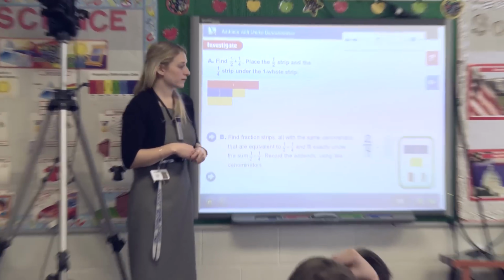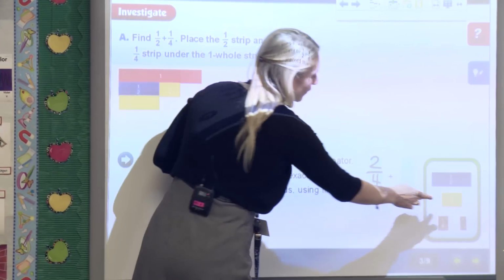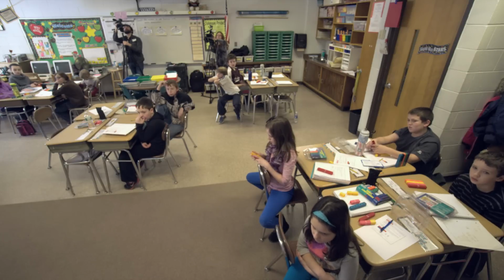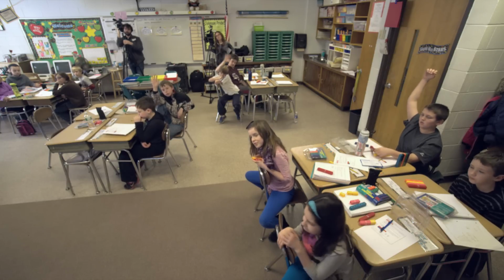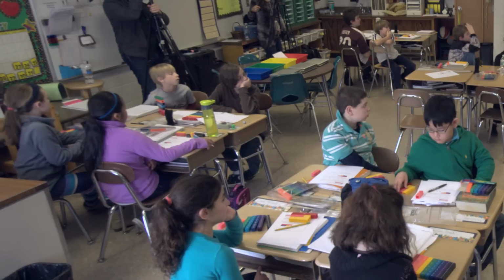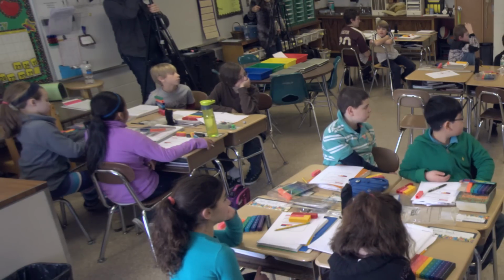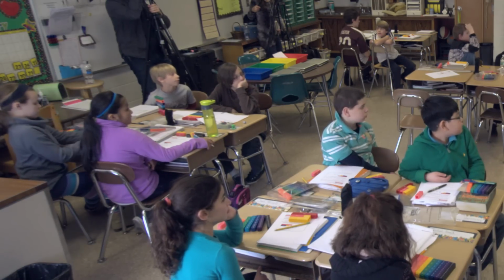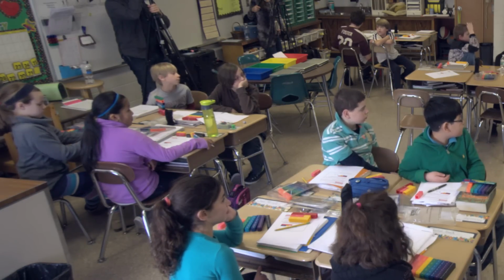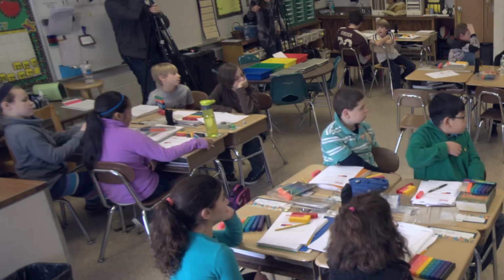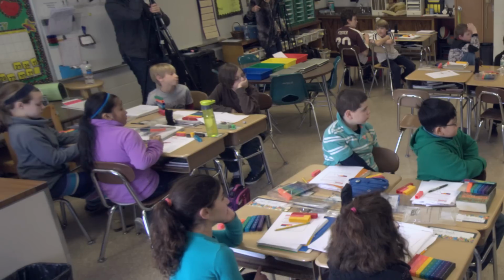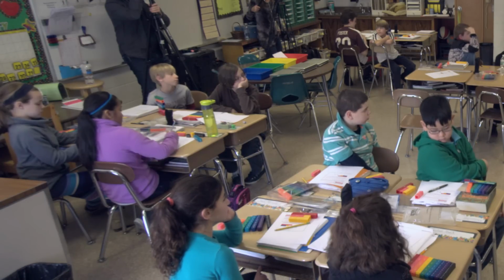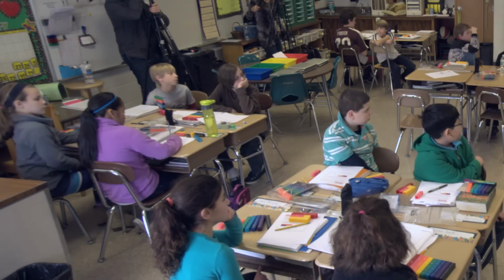Maverick? Because the last part says it's 1/4. It's 1/4. What do 2/4 and 1/4 now have in common? Maddie, what do 2/4 and 1/4 now have in common? That they have both the same denominator. They have what's the proper word? Means the same.